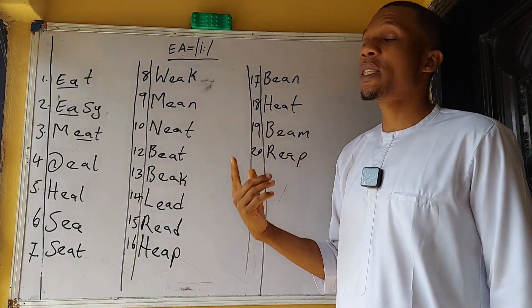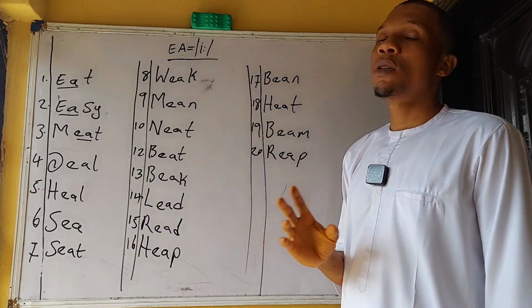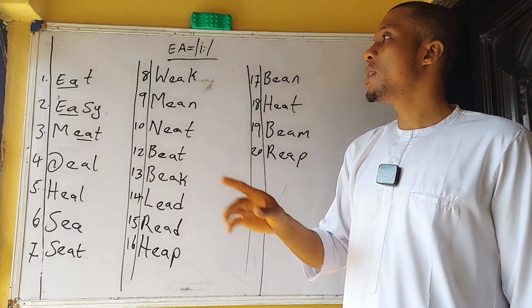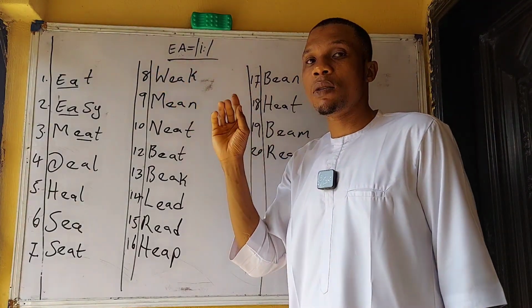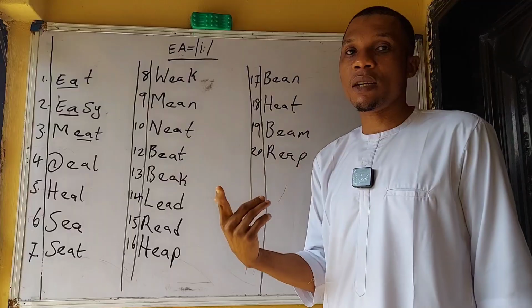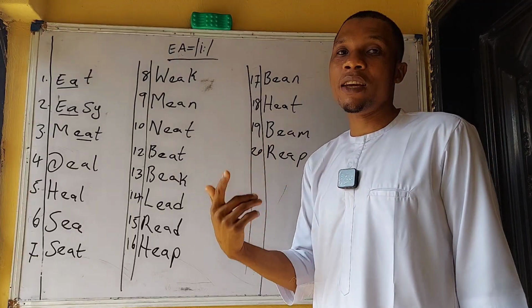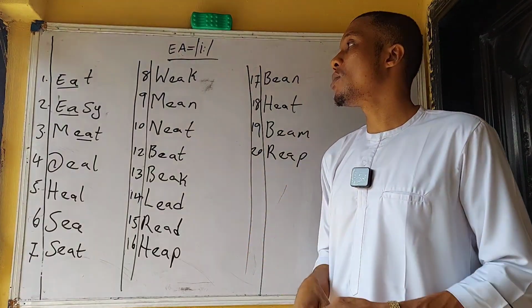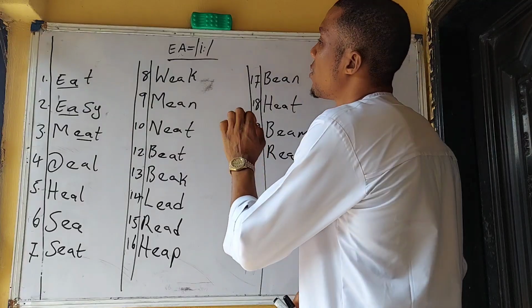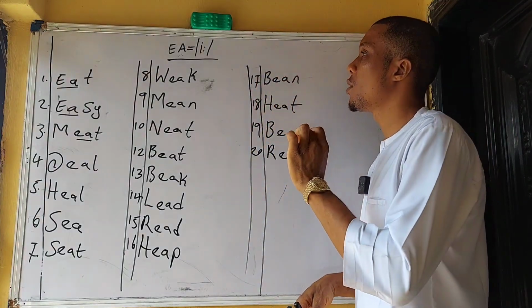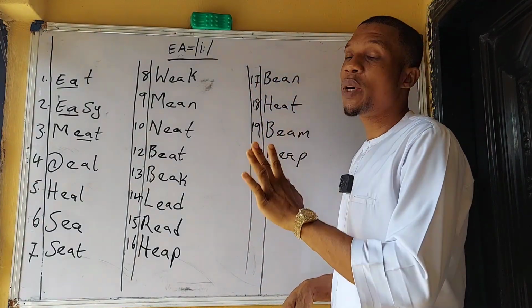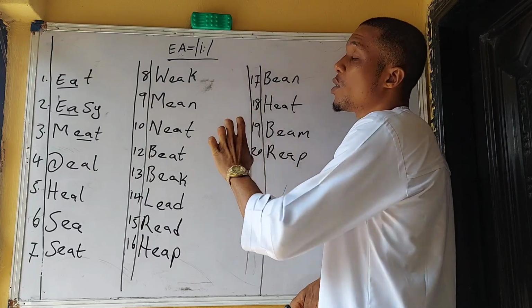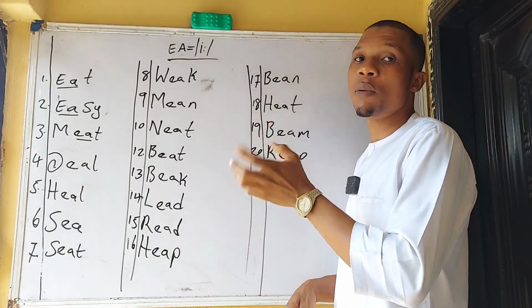So whenever you see E-A in a word, note that it has 3 sounds. You see that it's having the E sound, or it's having the A sound, or it's having the air sound. Is that understood? This is one of the reasons I want you to know the sound of each word. It will be better for you to know the sound of each word than cramming or memorizing it.